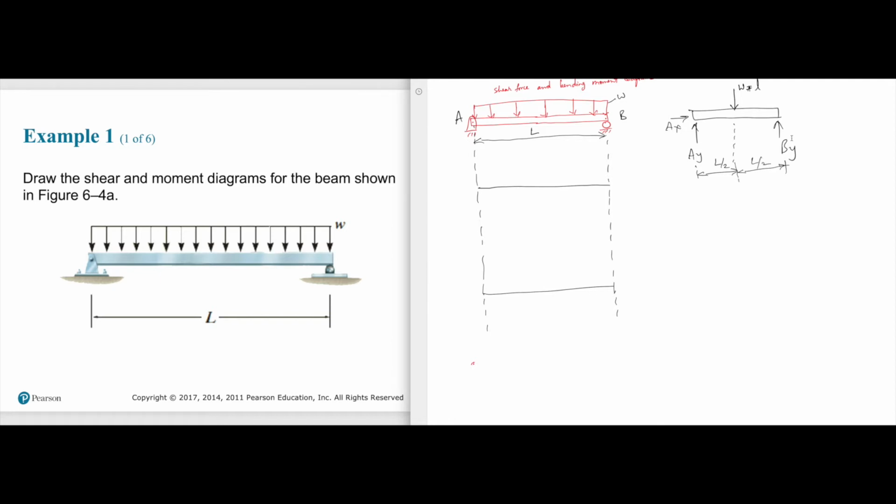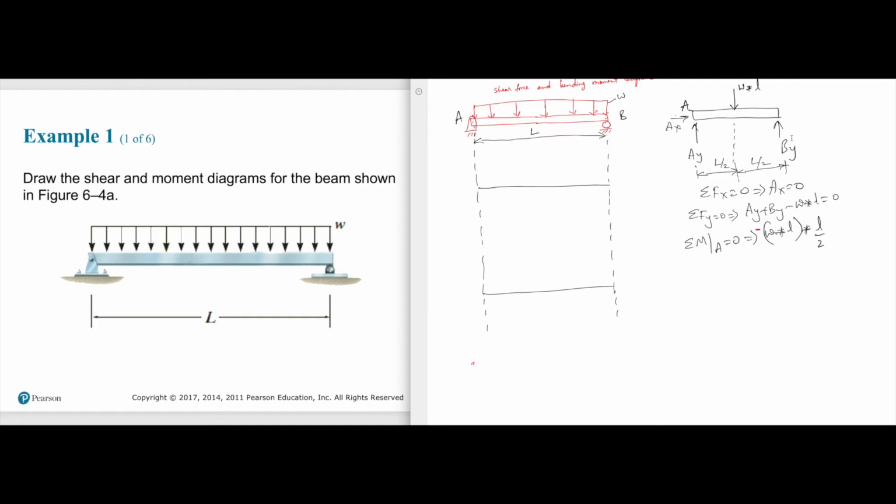So AX will anyways be 0, because sigma Fx equal to 0 implies AX is 0. Then sigma Fy equal to 0, we get AY plus BY minus W times L is equal to 0. And sum of moments with respect to A equal to 0 implies W times L, that's the force, times distance L over 2, and that is clockwise, so we write a negative.